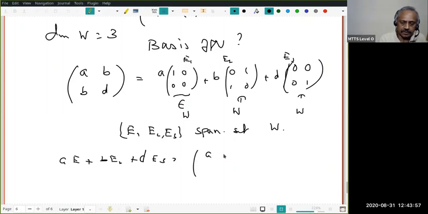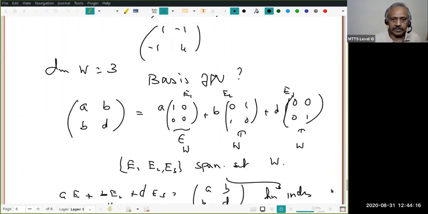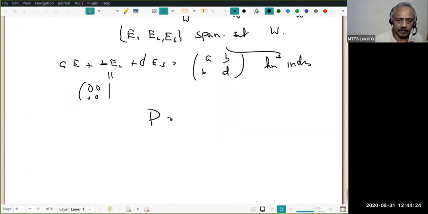This is [A, B; B, D]. But you say this is 0. That means this is the 0 matrix. What does it say? Equality of matrices says A must be 0, B must be 0, D must be 0. That means it's linearly independent. Therefore, this is the basis. Now, how many elements are there in the basis? 3. Therefore, dimension of W is 3. Do you understand this? Pause, review, proceed.